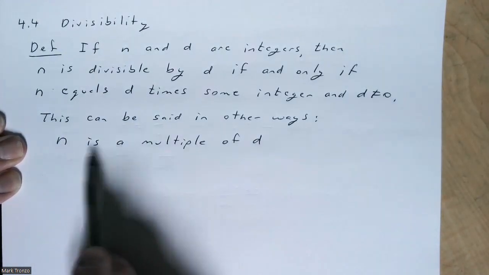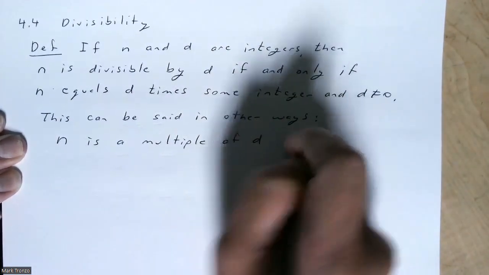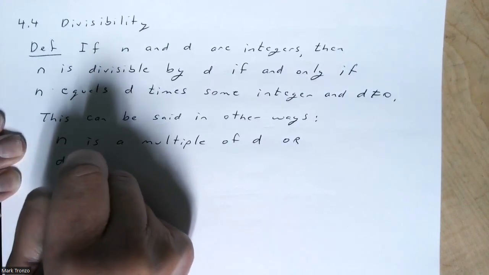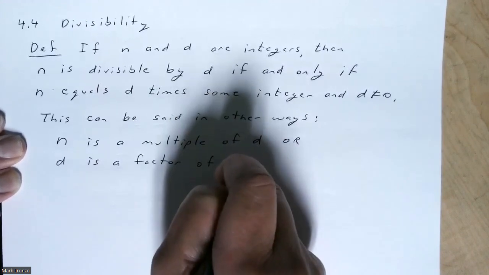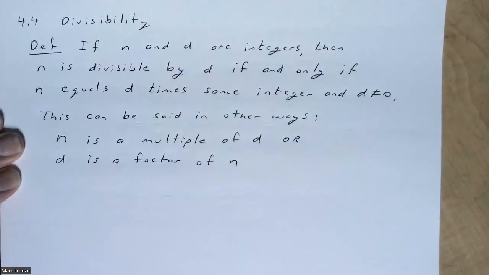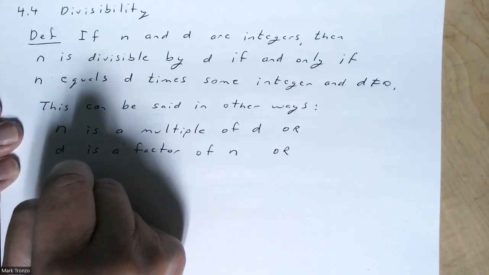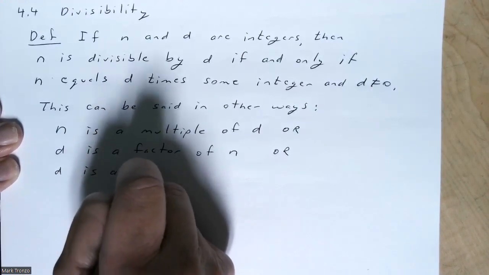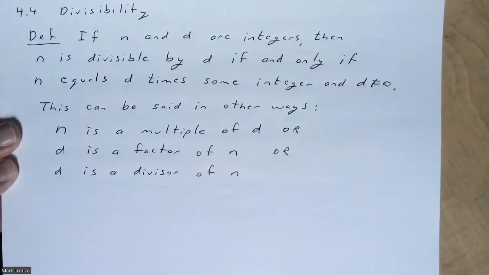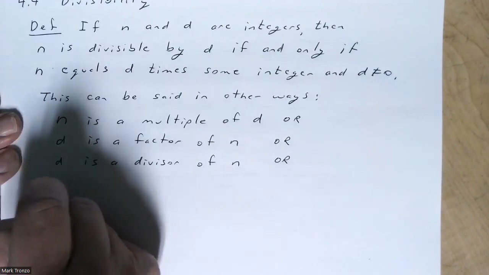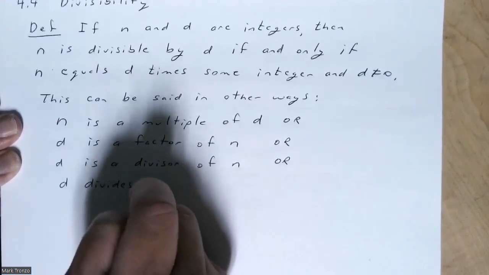Or we could say D is a factor of N. Or we can say D is a divisor of N. Or they sometimes say D divides N.